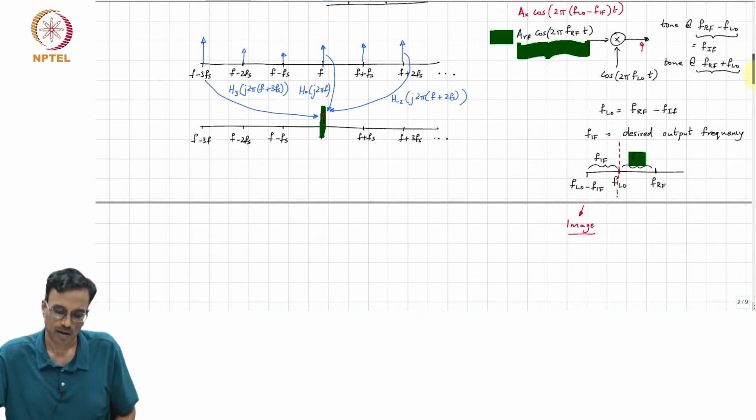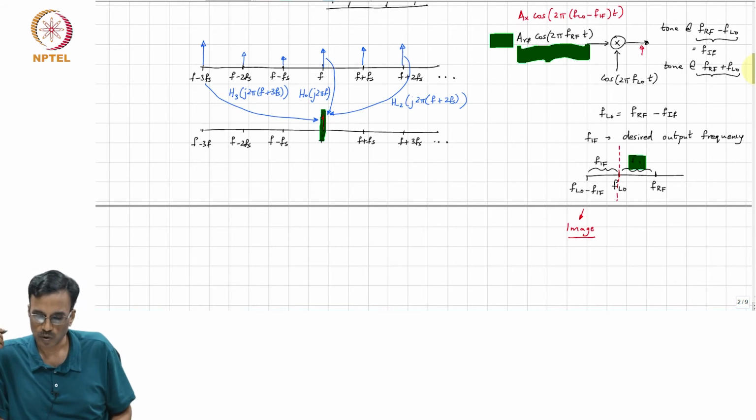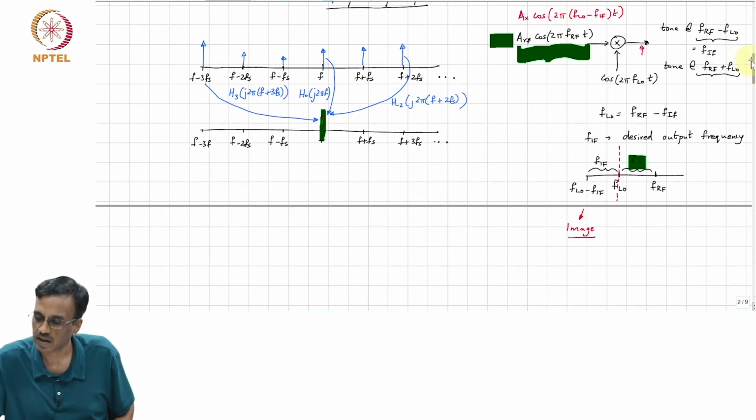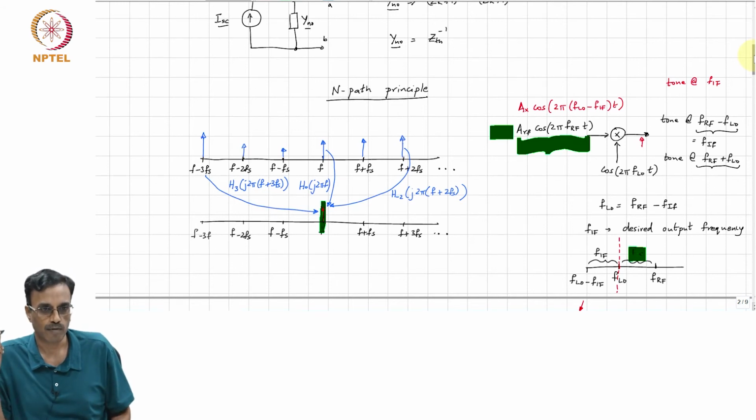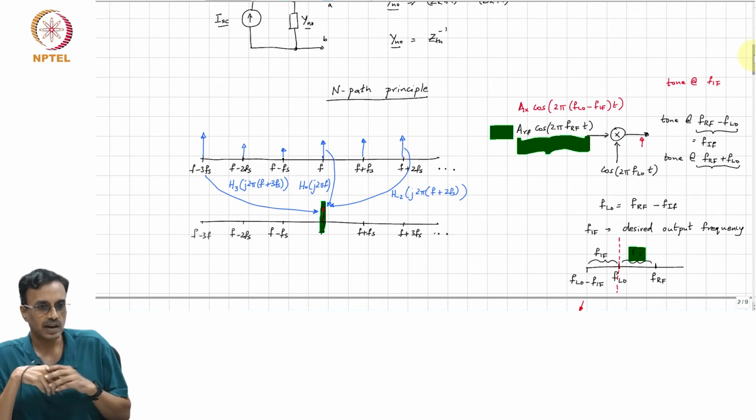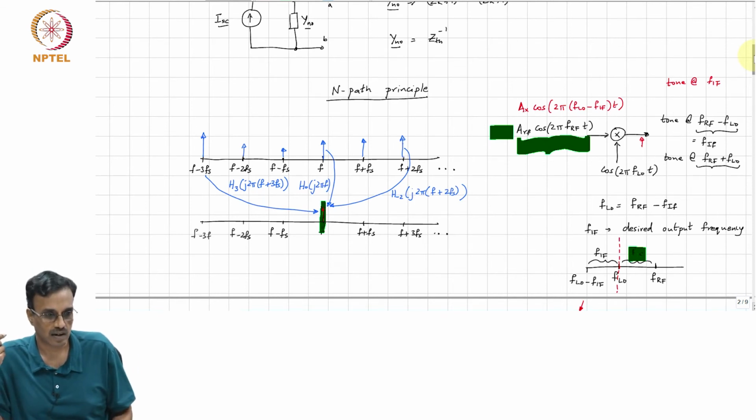So, the n path principle is one way of addressing this problem, not completely, but to a sufficiently large extent that system design becomes easier.